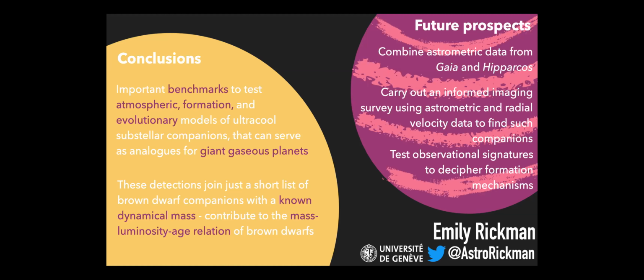But it would be interesting to look at younger objects and test these formation scenarios. So it would be difficult for me to say which of those theories is better for these particular objects that have been observed, but going forward, that's something I would like to test.